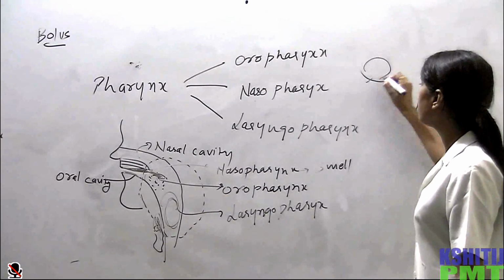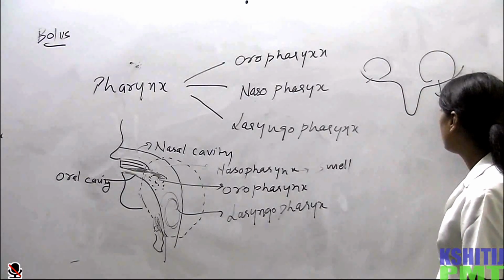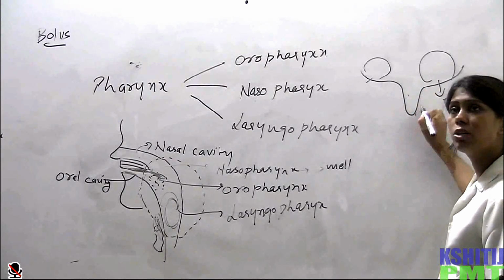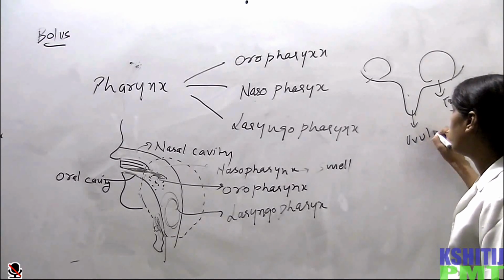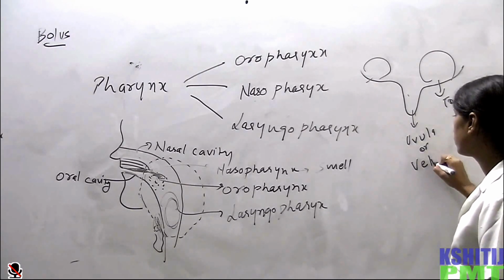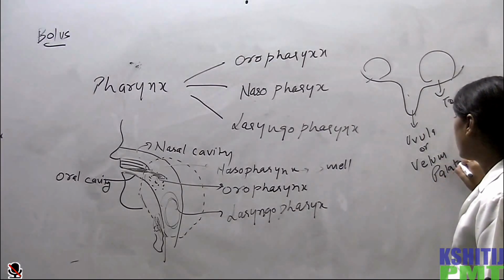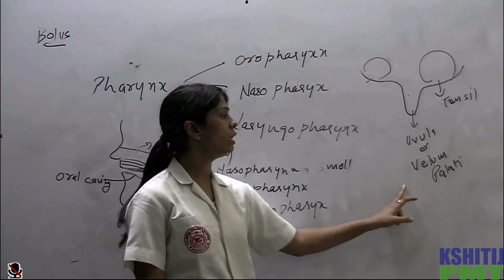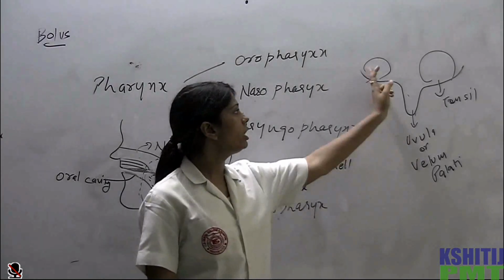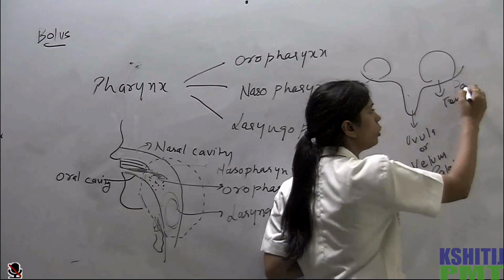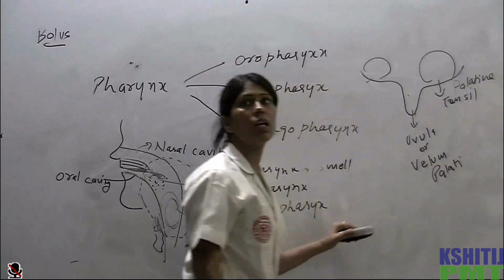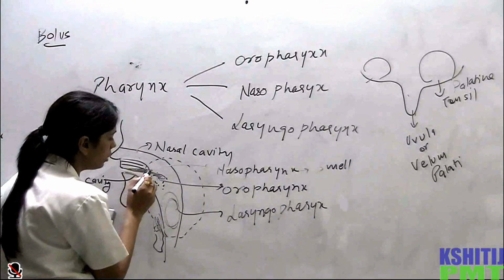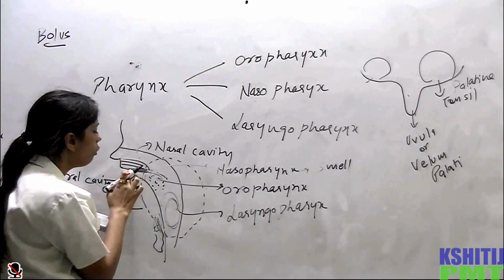On the sides, these two are your tonsils, the palatine tonsils. This structure is called the uvula, or velum palatinum. Now what happens when you swallow anything?